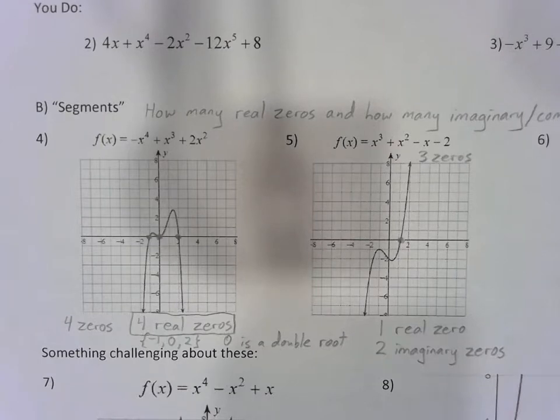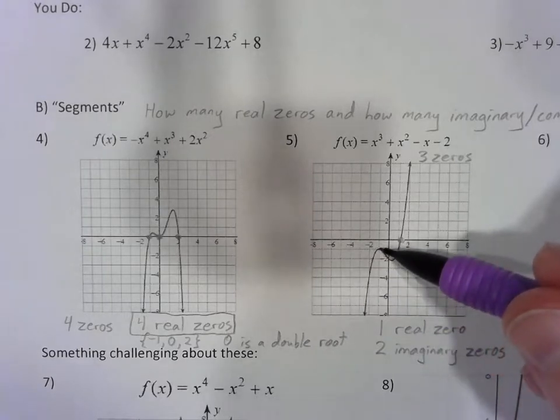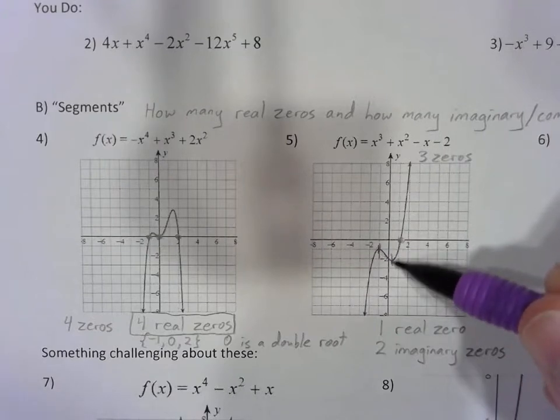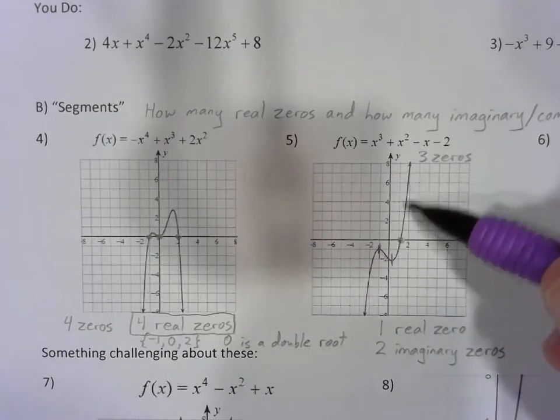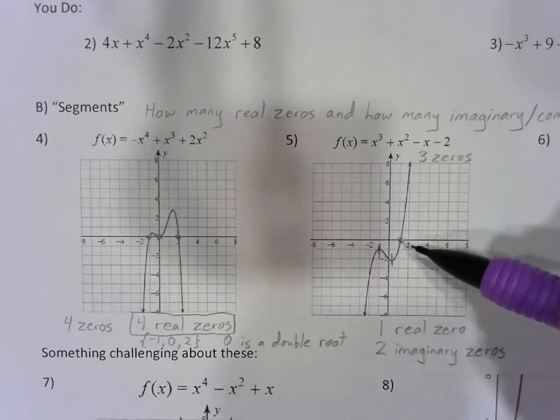So one thing you can look for here is every time that the graph changes from going up to going down and back up, each time it changes direction is sort of an indicator that there is a zero.